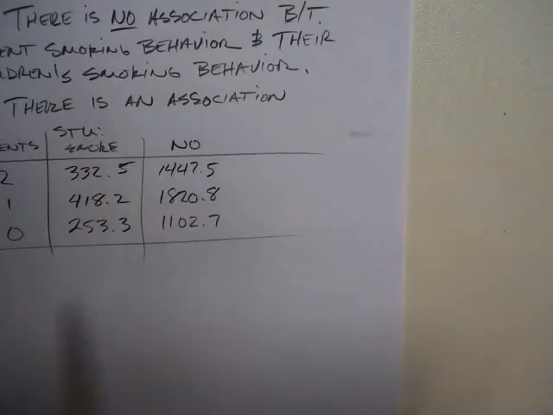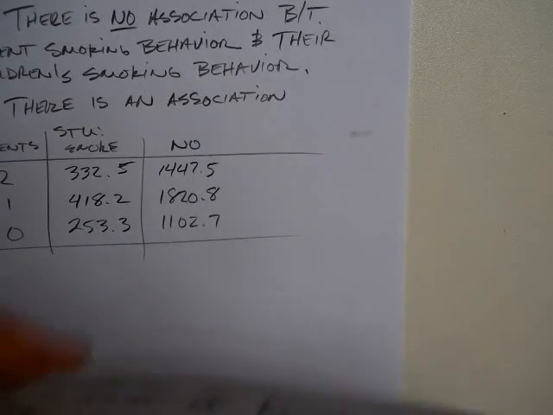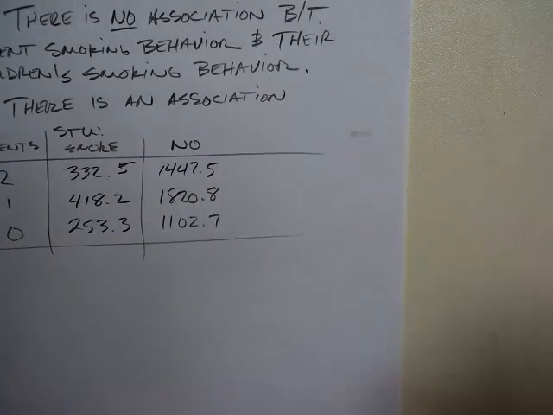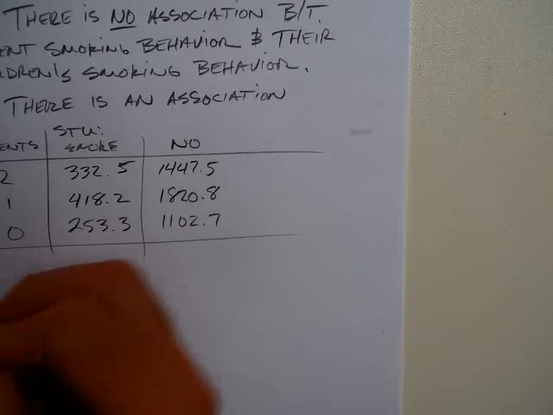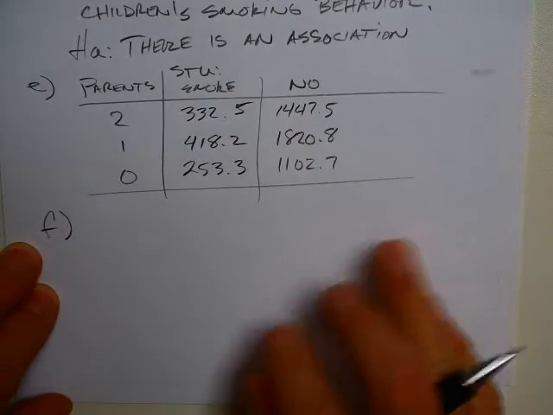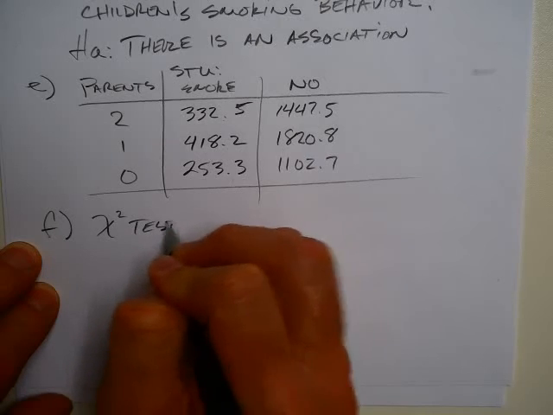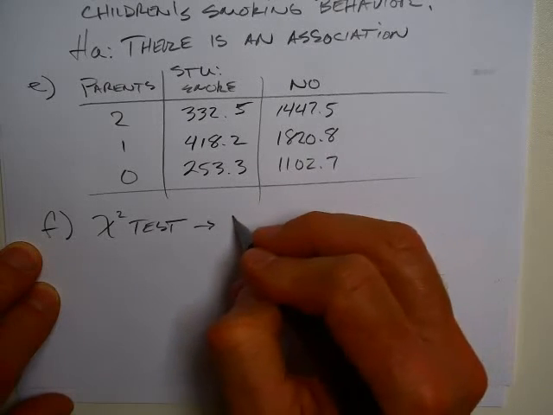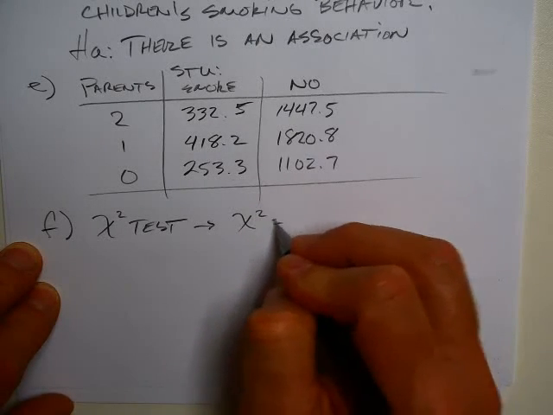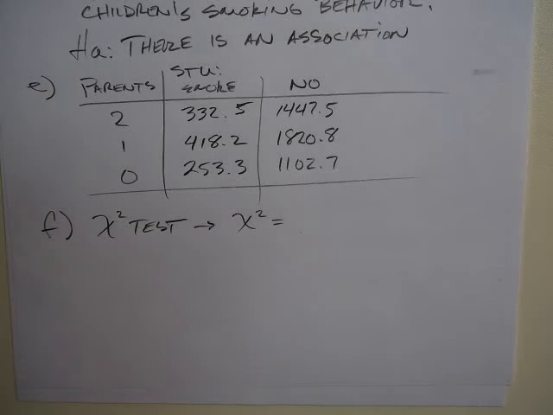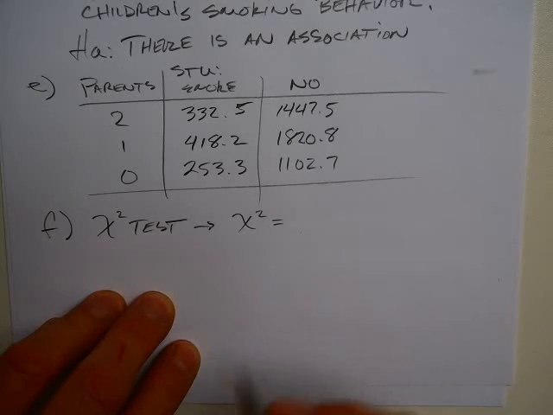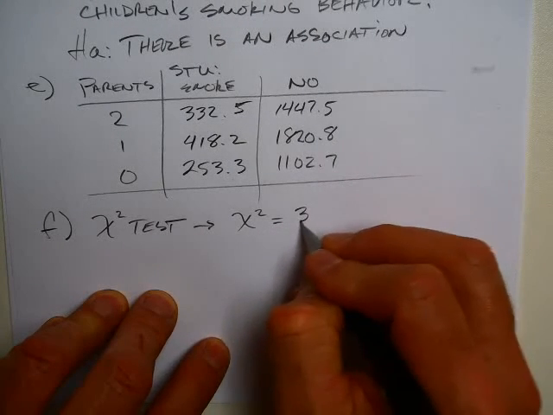Let's go ahead and do the chi-squared test here and finish this up. So chi-squared test. We're going to get chi-squared. And if I go back to that, I get chi-squared is about 37.6.